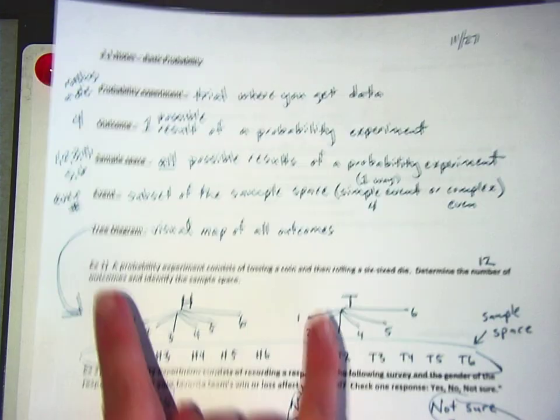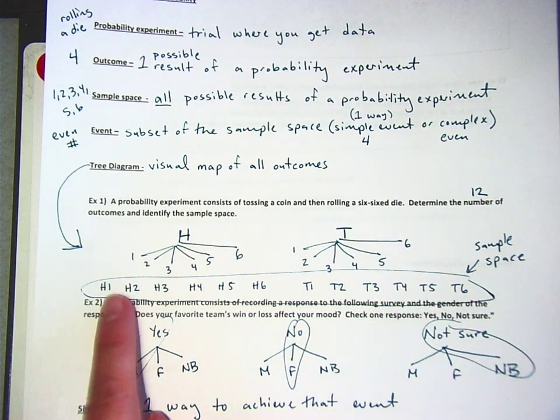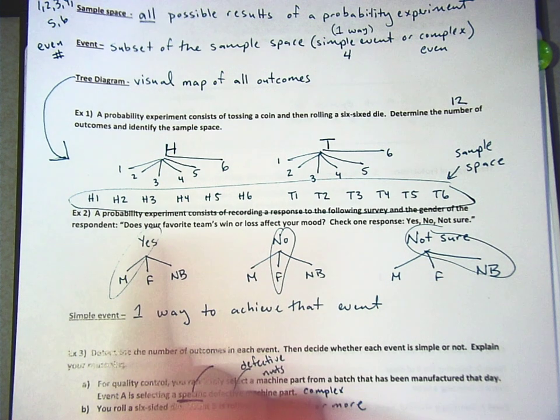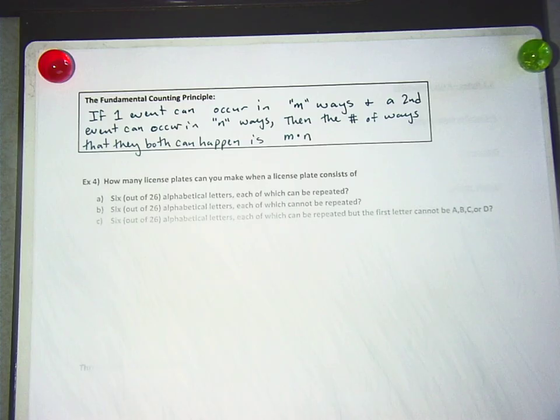Remember when we had 2 choices, heads and tails, and then 6 choices on the die? And then we had 12 choices overall. 2 times 6 is 12. And then here, when we had 3 choices for the survey and then 3 choices for your gender, 3 times 3 is 9. 9 choices. That's what the fundamental counting principle is.